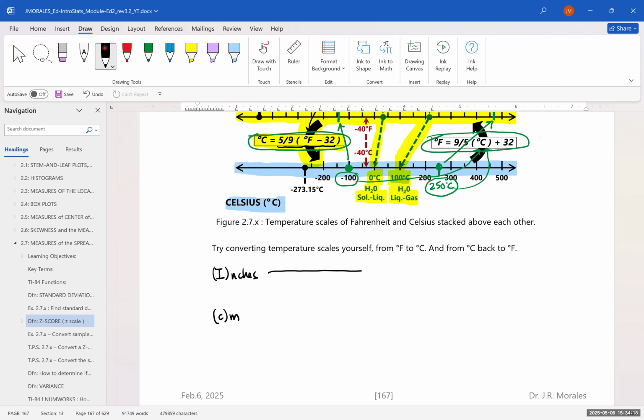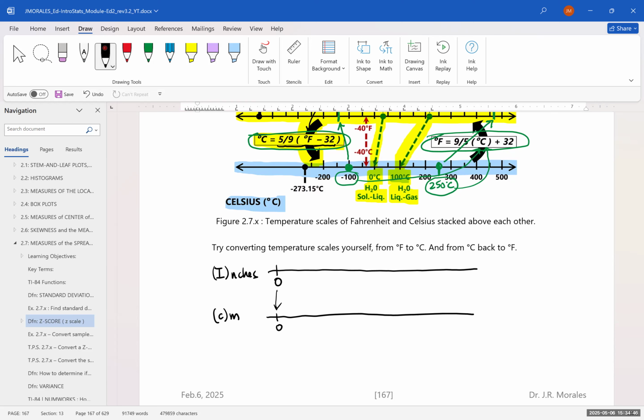So instead of units of temperature, this is units of length. 0 inches would also translate to 0 centimeters, right? 0 length in inches is equal to 0 length in centimeters.